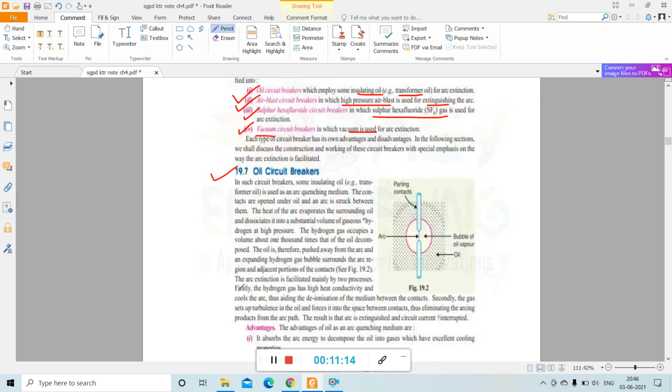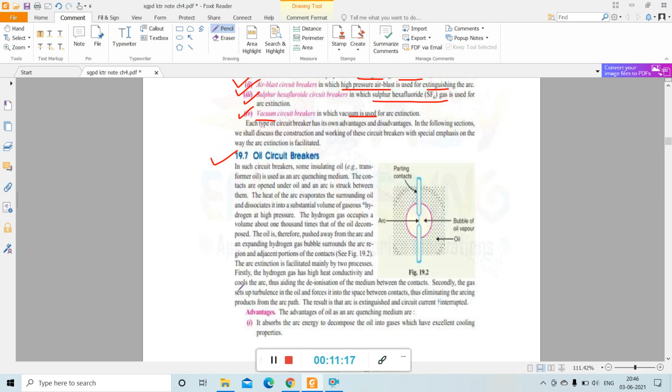So let's discuss the construction, operation, advantages, disadvantages, and applications of oil circuit breaker. In the introduction part, I already discussed the traditional oil circuit breaker construction. In such a type of circuit breaker, some insulating oil known as transformer oil is used as an arc quenching medium. The contacts are opened under oil and an arc is struck between them.